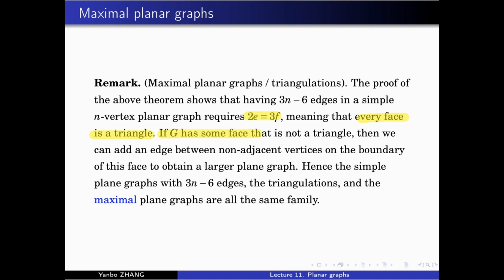If G has some face that is not a triangle, then we can add an edge between non-adjacent vertices on the boundary of this face to obtain a larger plane graph. Hence, the simple plane graphs with 3n minus 6 edges, the triangulations, and the maximal plane graphs are all the same family. A maximal plane graph has exactly 3n minus 6 edges.